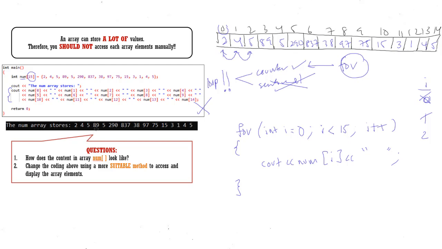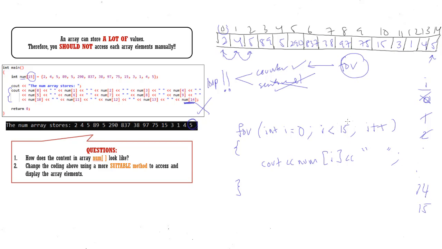This will be done repeatedly until the end of the elements, until we get up to i = 14. Is 14 less than 15? Yes, so it will do num[14] here. It will display 5, since inside index 14 there's 5. It will stop there, because when you do i++ it becomes 15.